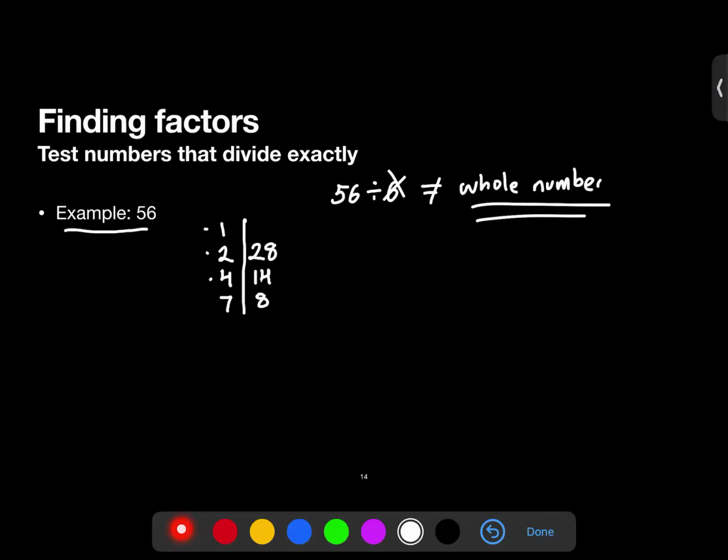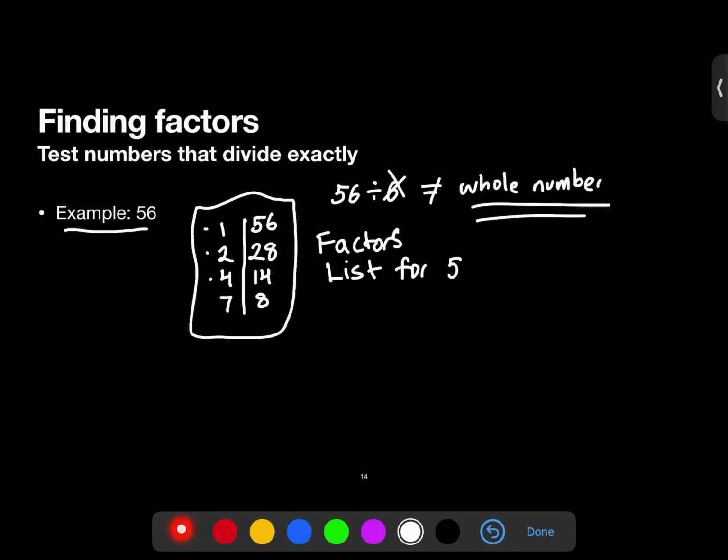And lastly, 1 is, of course, 56. So this is our factors list for 56. So these are our 8 factors.